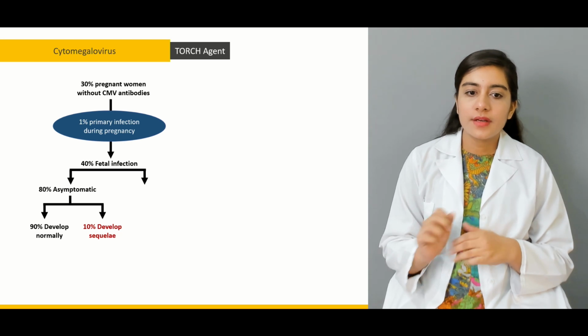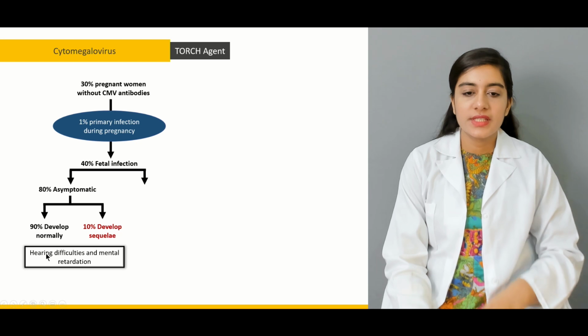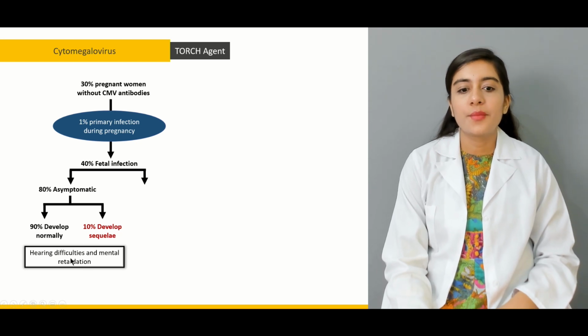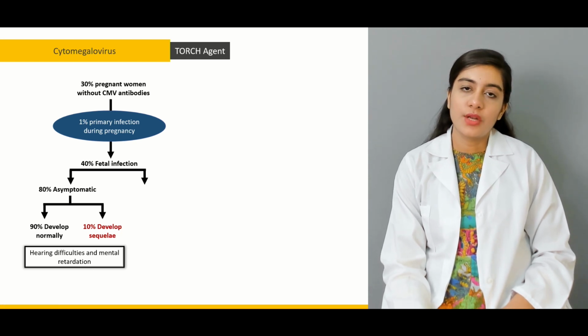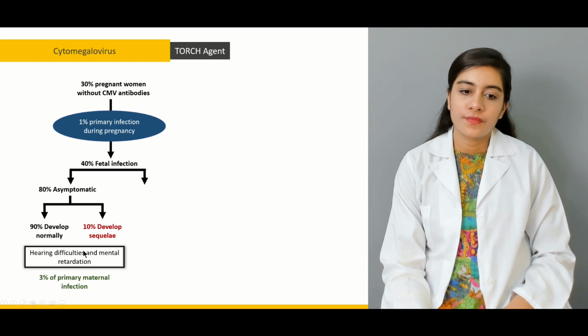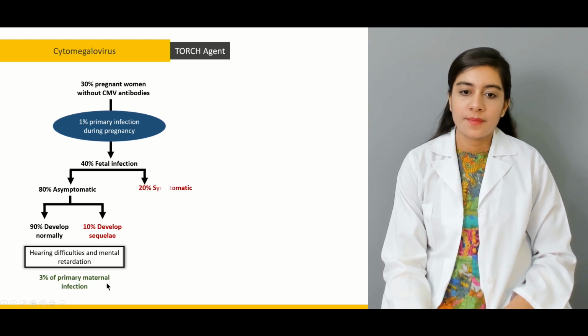Now, the other condition is, these 10% of children will develop hearing difficulties and mental retardation, which is basically the result of the cytomegalovirus infection, and 3% of the primary maternal infections.